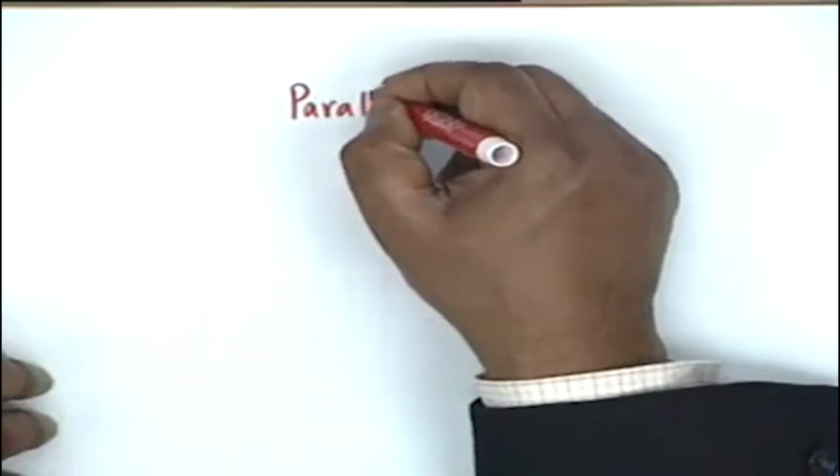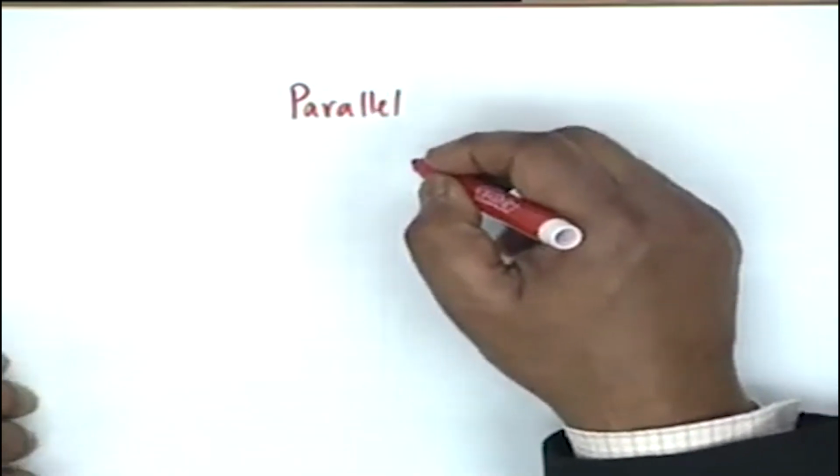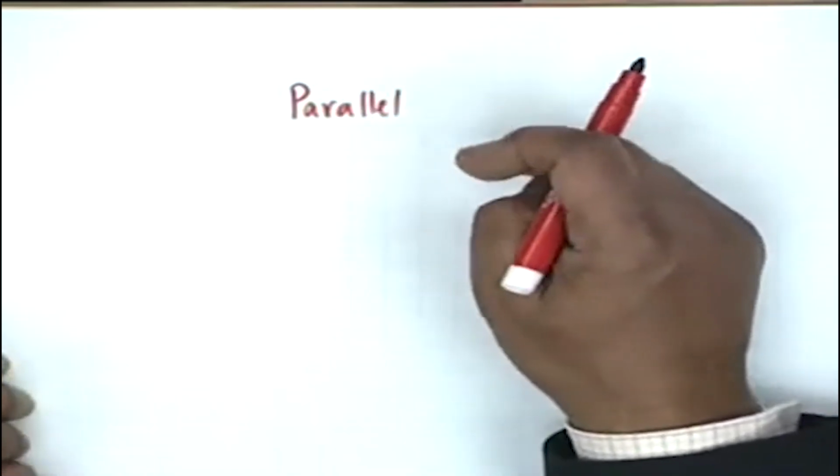Now, the circuit that we had considered was a series circuit, that is a resistance, inductance and a capacitance all connected in series, and the resistance, as I said, came from the coil, came from the inductance.